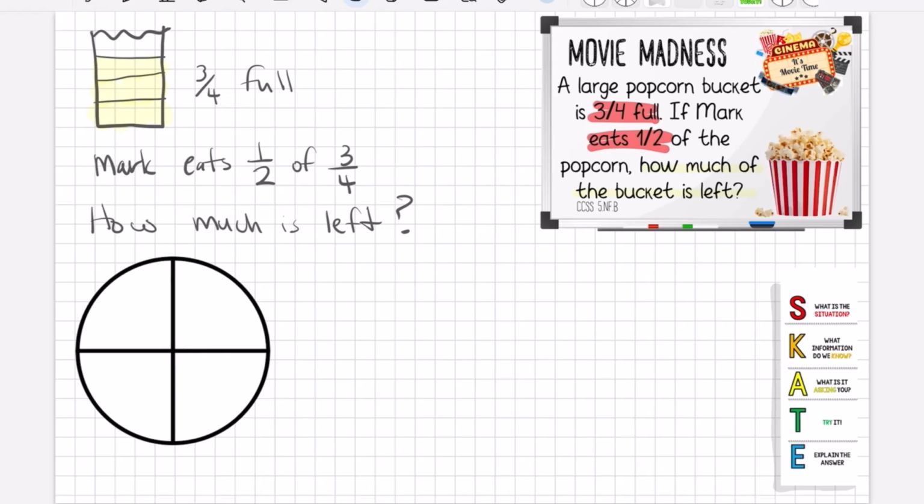I'm also going to use a larger, neater diagram than the one I drew. And I'm going to start by shading 3/4, which is what I'm starting with. Takes me a second. Thanks for your patience.